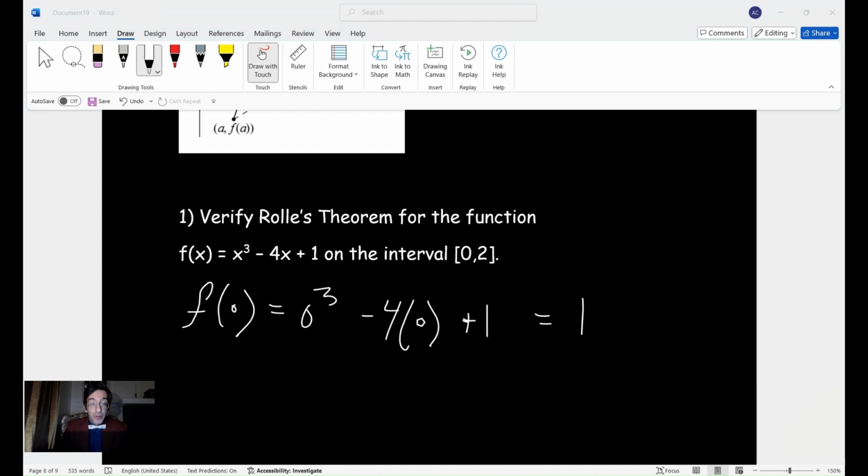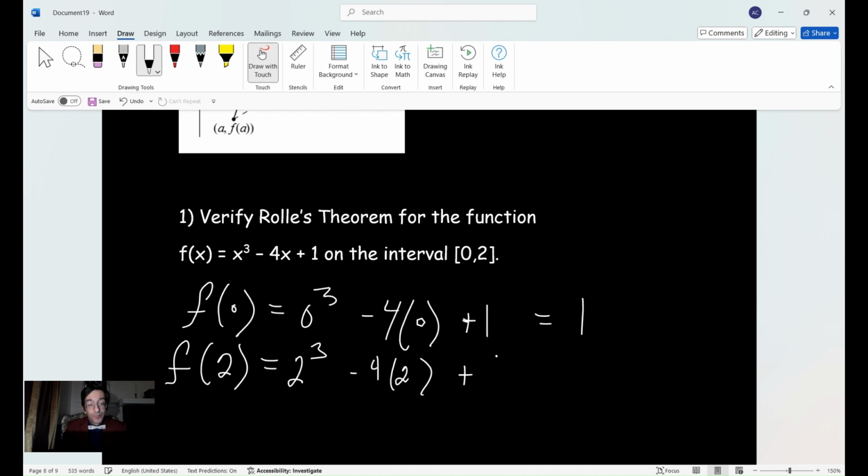And if we evaluate at 2, we have f of 2, which equals 2 to the third minus 4 times 2 plus 1. And that's actually going to give you 1 as well.